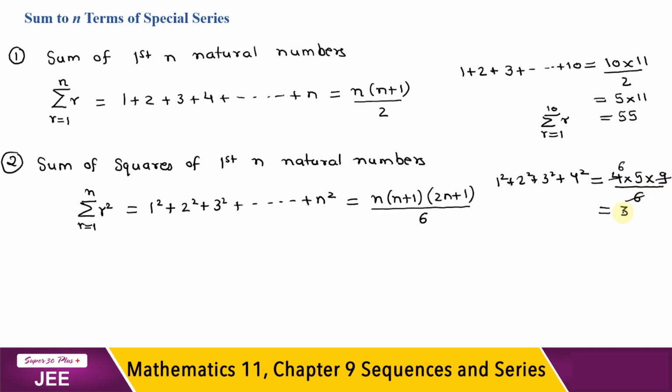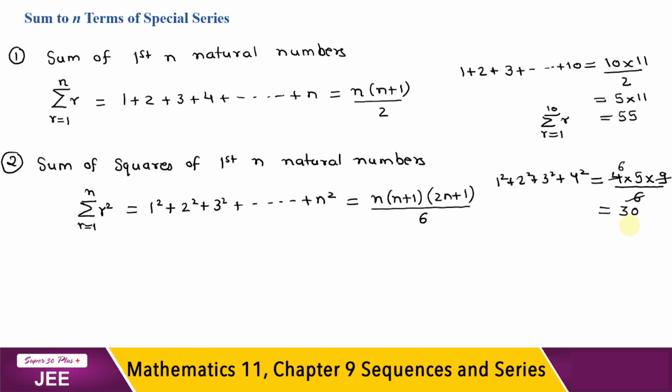Upon calculation, this comes out to be equal to 30. This is simply based on the application of this formula when we were required to find the sum of squares of first 4 natural numbers. So the value of n becomes 4. We have substituted n as 4 here. This becomes 4, this is 5, and this becomes 9, whole divided by 6, which gives us the final answer as 30.